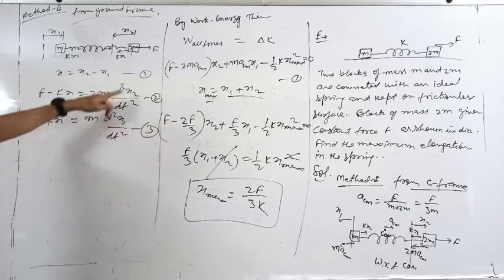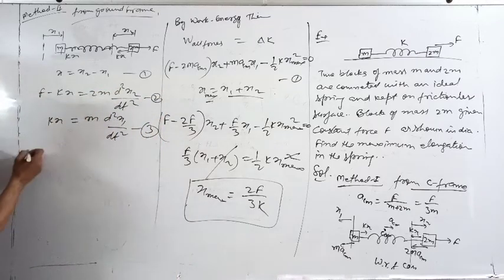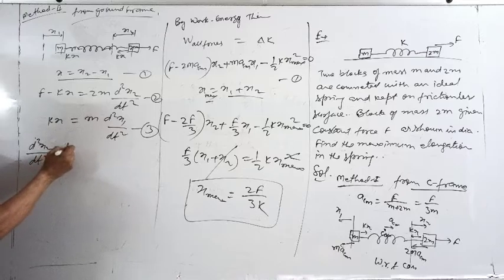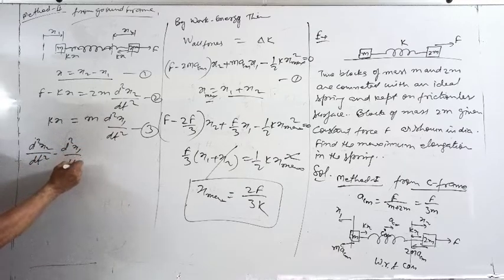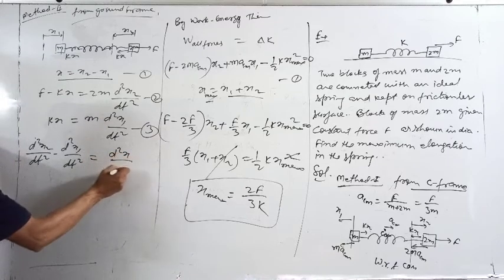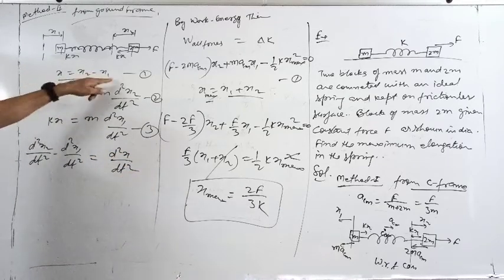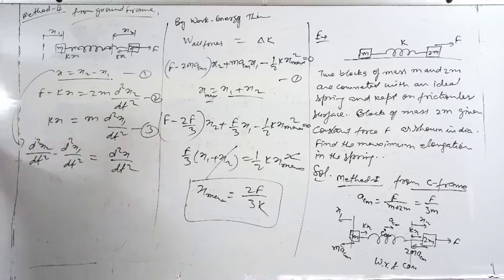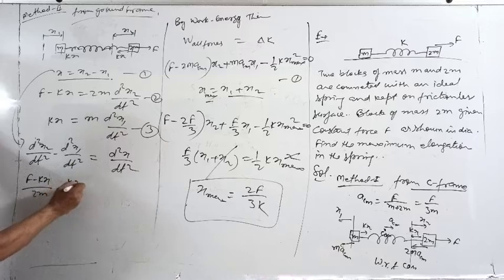Now see from the second end. From here, d2x2 by dt square minus d2x1 by dt square is equal to d2x by dt square. Differentiate this, then substitute the value from here: f minus kx by 2m minus kx by m.